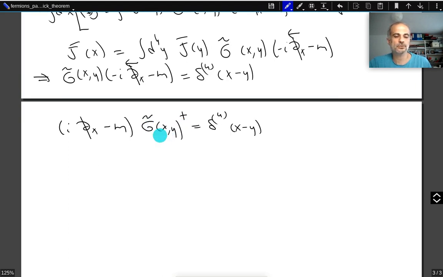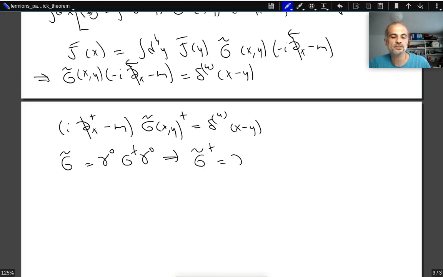Now let's look at this term. And okay, there is also the Hermitian conjugate of the gamma matrices over there. Now we know what the Hermitian conjugate of gamma matrices are. Let's also remember that g tilde is gamma 0, g dagger, gamma 0, and hence g tilde Hermitian conjugate, matrix Hermitian conjugate, is gamma 0, g, gamma 0, since gamma 0 conjugate is just gamma 0.